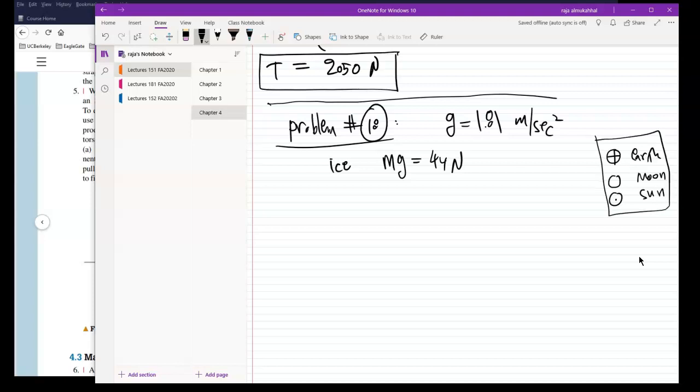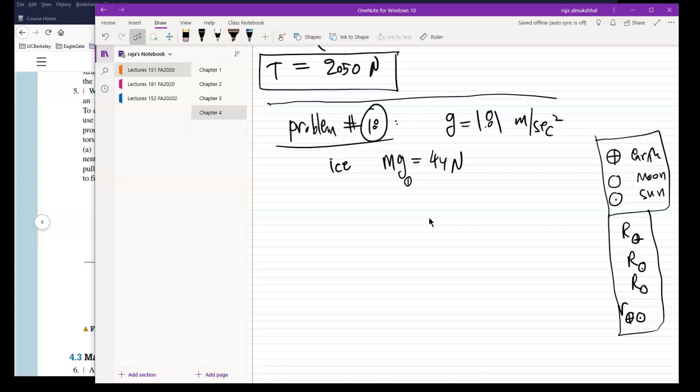For example, if I say the radius of the Earth, the radius of the sun, or the radius of the moon, the distance between the Earth and the sun, see what I'm saying? Those symbols are used in astronomy, and I find them a cool notation, so I'm going to use them here. So the weight of the ice on Earth means this g is not for Io, but for the Earth.